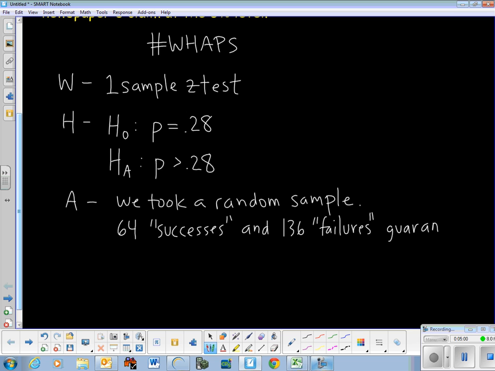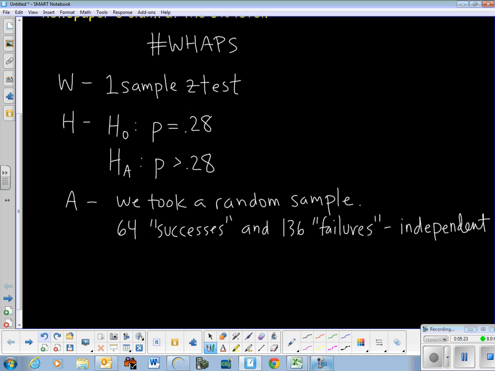I don't know if guarantees is the proper word here, but let's not use guarantees. And again, this is not a good sentence, sorry. But this is the difference between the conditions and the assumptions. The condition is it has to be independent.